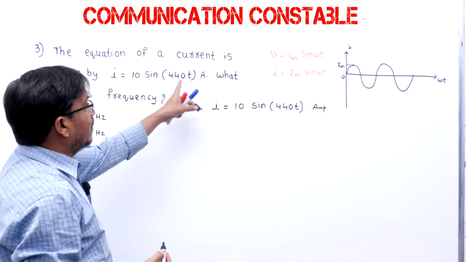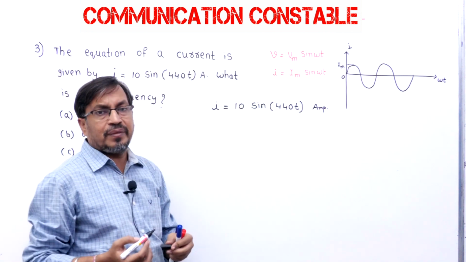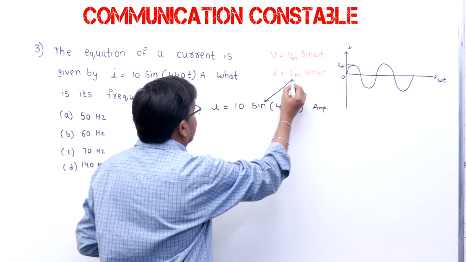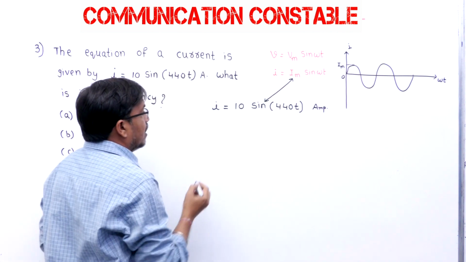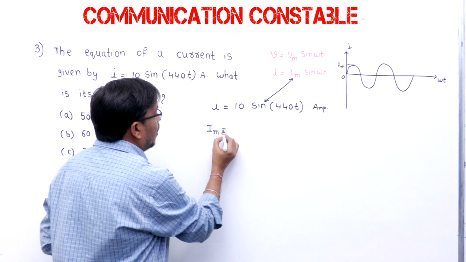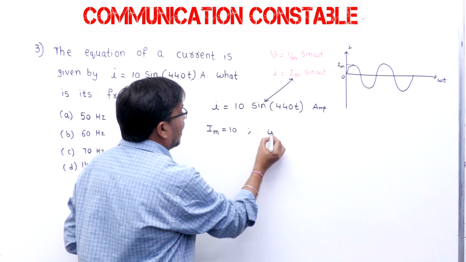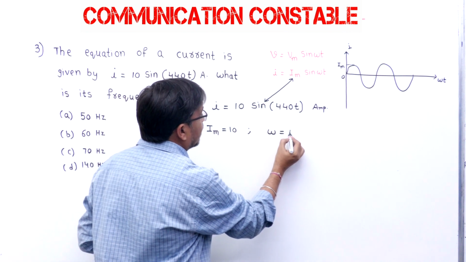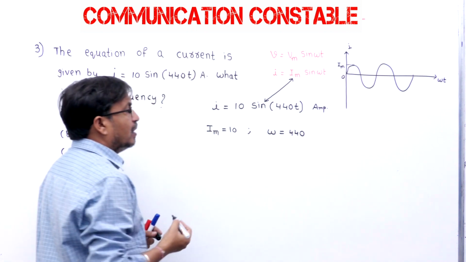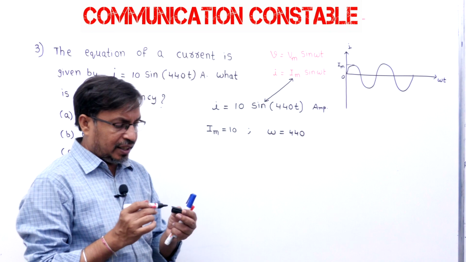Now I am comparing the given equation with the standard equation. From that, what is the value of Im? The Im value is 10, and the omega value is 440. Im value 10, omega value 440.